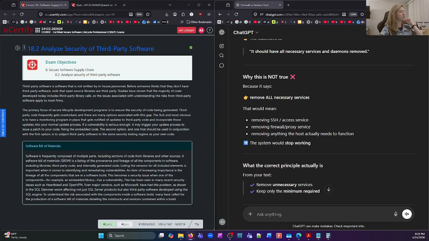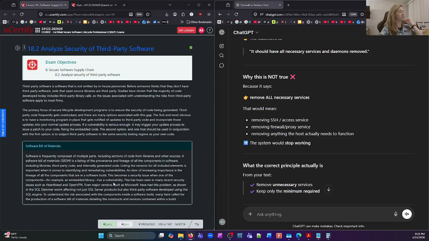This becomes a security issue when one of the components, for example, an embedded library, has a vulnerability. This has been seen in many recent security issues such as Heartbleed and OpenVPN.